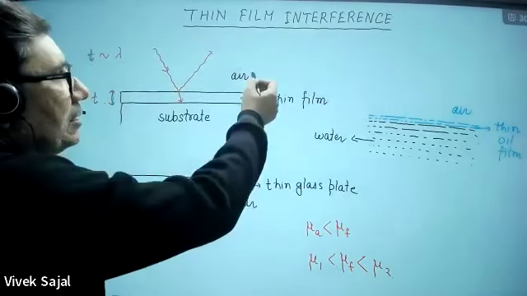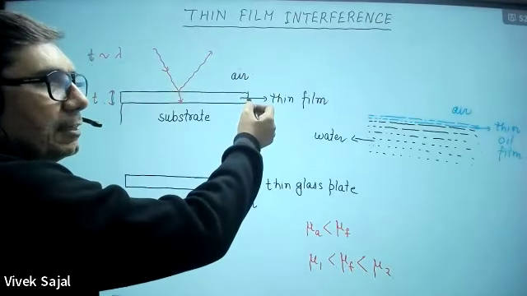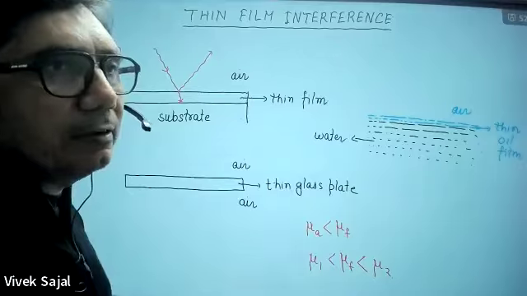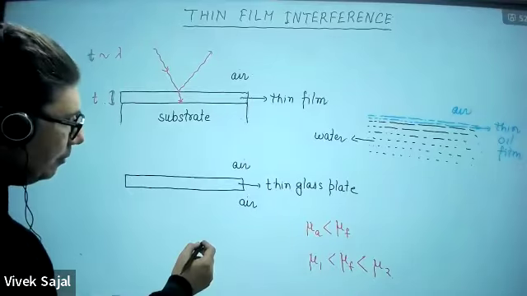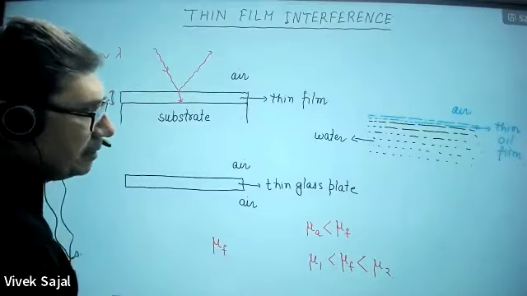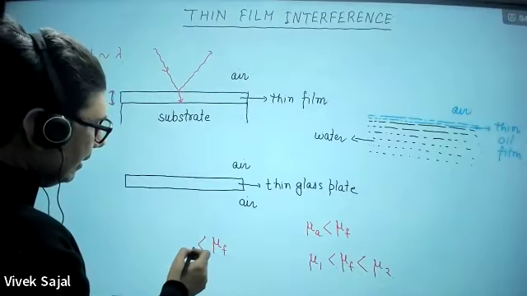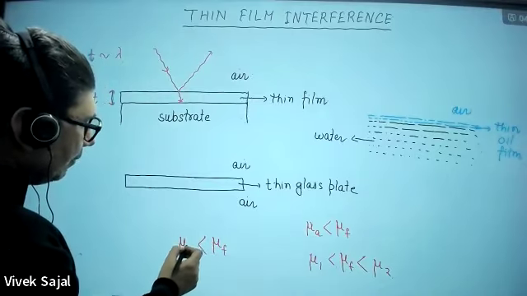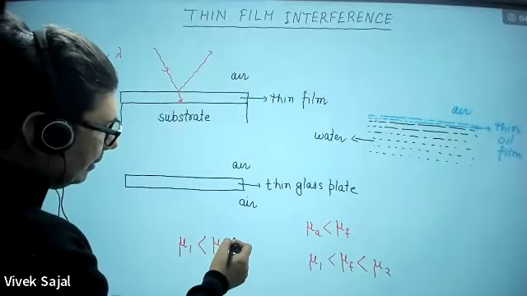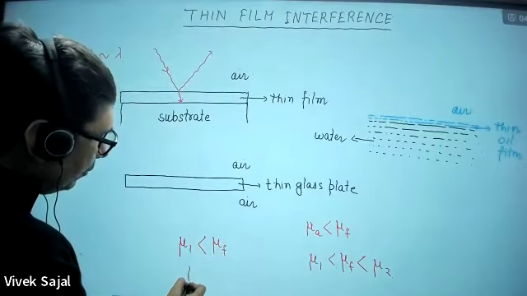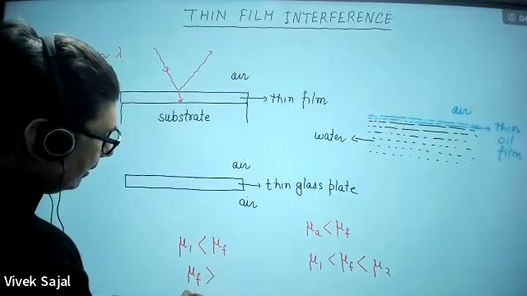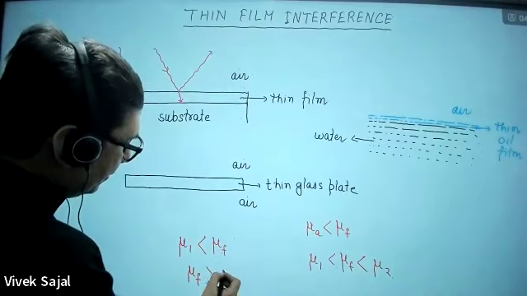This is in the increasing order of the refractive indices. Or you may face a situation where mu f is greater than the refractive index of the first medium, and mu f is also greater than the refractive index of the substrate.